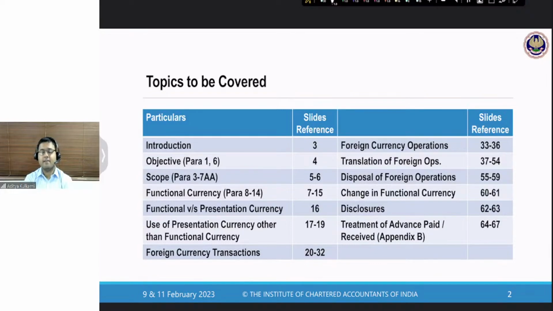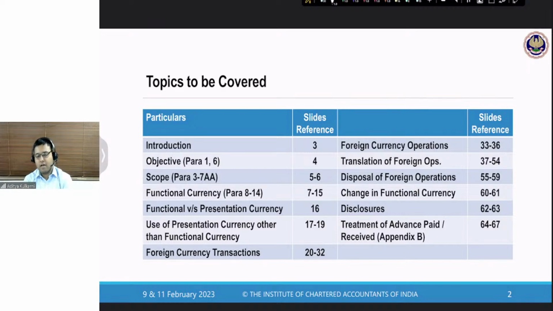Now when we talk about operations, you could have joint ventures, associates, subsidiaries, branches, etc. When you have to consolidate these results, they obviously have their trial balances in a different currency altogether.